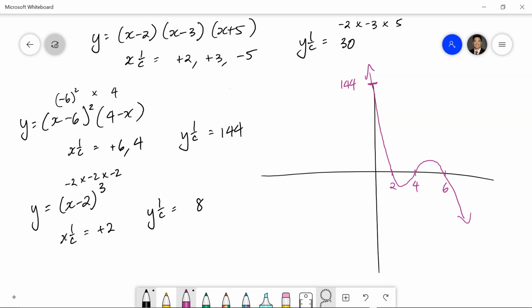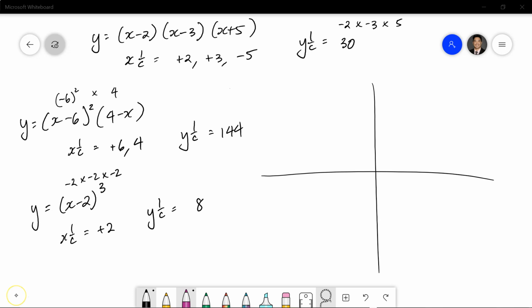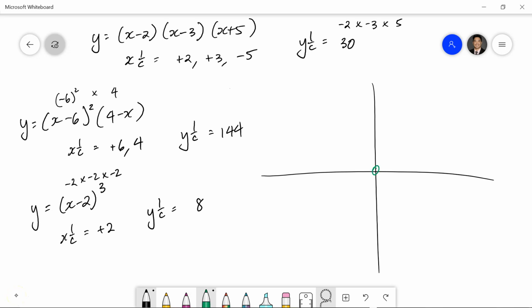The last one, which is a little bit different to the other two, is that there's only one X-intercept. So what we have is, I guess, the origin. We've got our X-intercept being 2. We know the y-intercept is minus 8 in this case, because minus 2 times minus 2 times minus 2 is minus 8. And therefore, we're going to have this kind of graph, but within the context of just these 2 points.